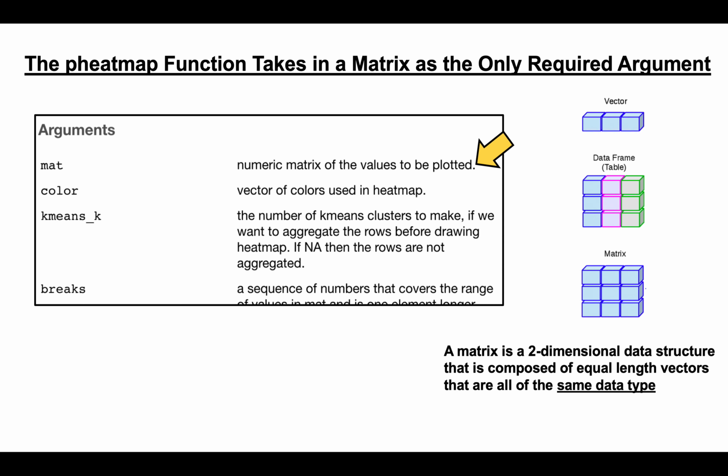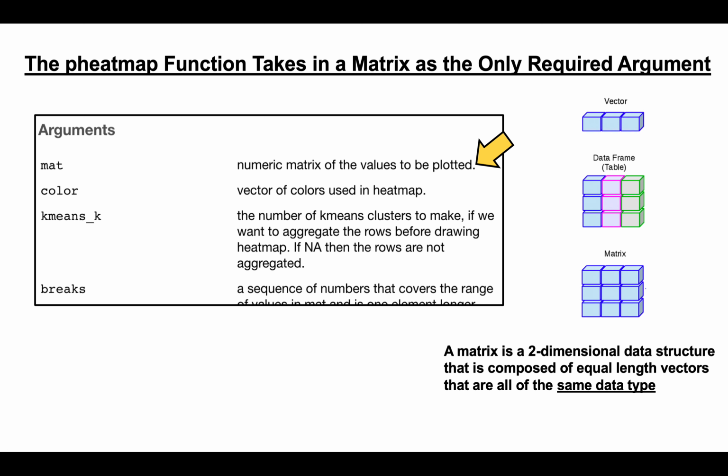So we know we need a matrix, and we've talked about vectors, and we've talked about data frames. So a matrix is a pretty simple concept relative to those, in that a matrix is a two-dimensional rectangular data structure, just like a data frame. It's made up of vectors that are all of the same length. But in the case of a matrix, they have to all be the same data type.